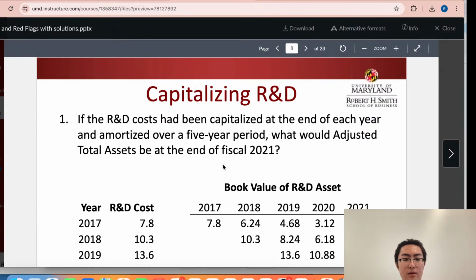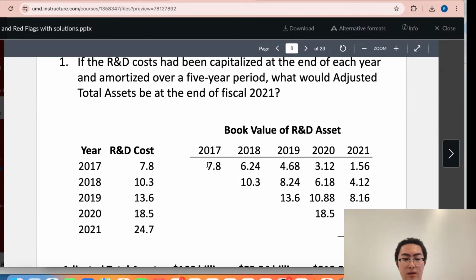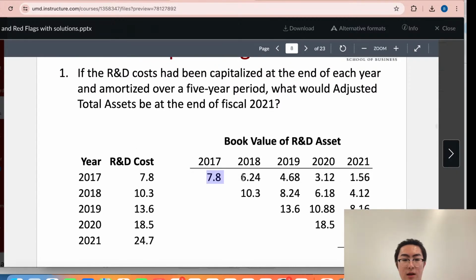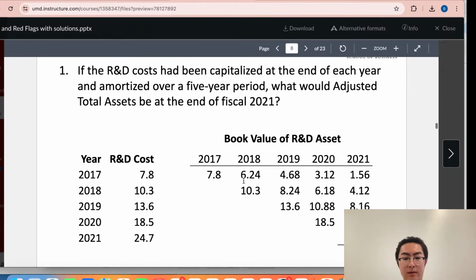Okay, so what they do is they just mark the actual cost as some type of R&D asset on the balance sheet in the year in which it was incurred, and then amortize it on a 5-year life to 0.